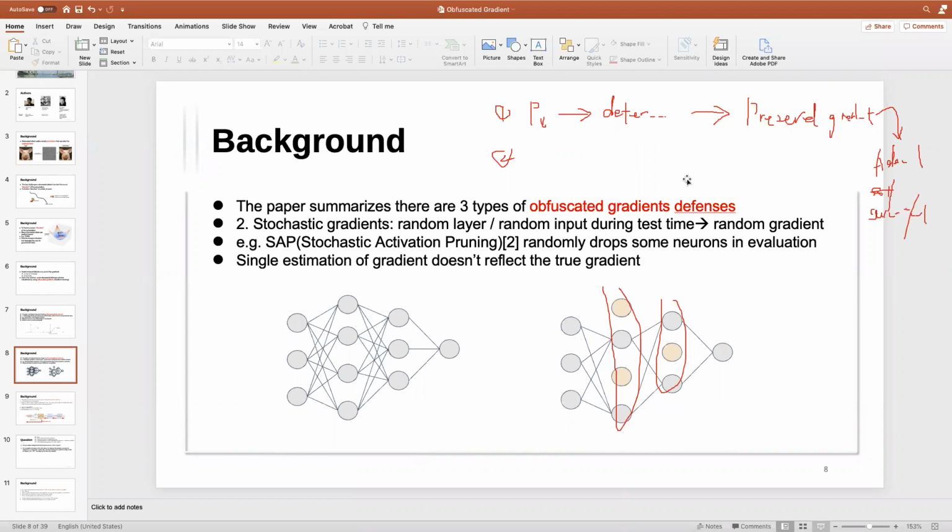Suppose here are the layers. Dropout means that we apply random perturbations on the layers. And what you mentioned is that it can still provide deterministic predictions. So it means that this network is quite stable and robust against this perturbation, and that means that the original gradients can still somehow be preserved.